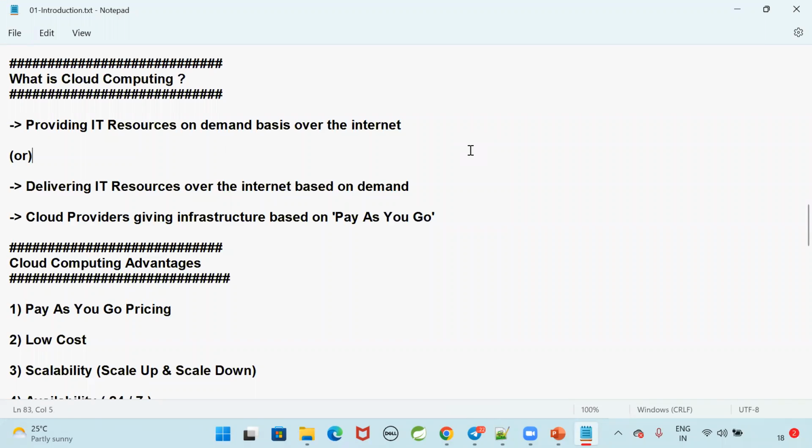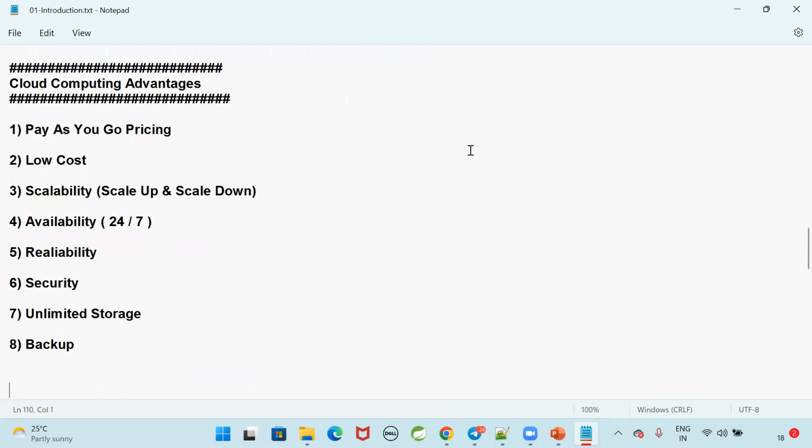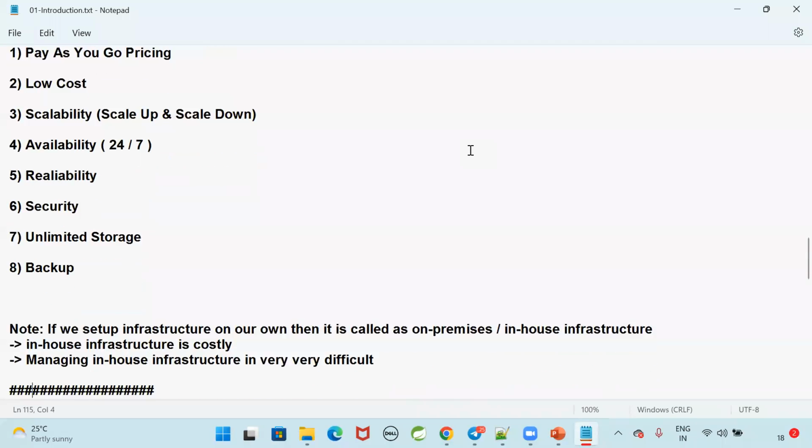Pay as you go IT infrastructure. Cloud providers will give you the infrastructure required for our project. What are the advantages? Pay as you go, low cost, scalability, availability, reliability, security, unlimited storage, backup.